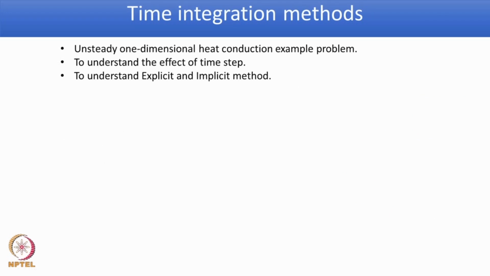Let us look at the performance of the explicit scheme, the implicit scheme and the role of delta t in the explicit scheme. A problem was already considered, the unsteady one dimensional heat conduction example problem. We take this problem, which is already solved; it is only a demonstration to show the effect of time step as well as to understand explicit and implicit method performance.